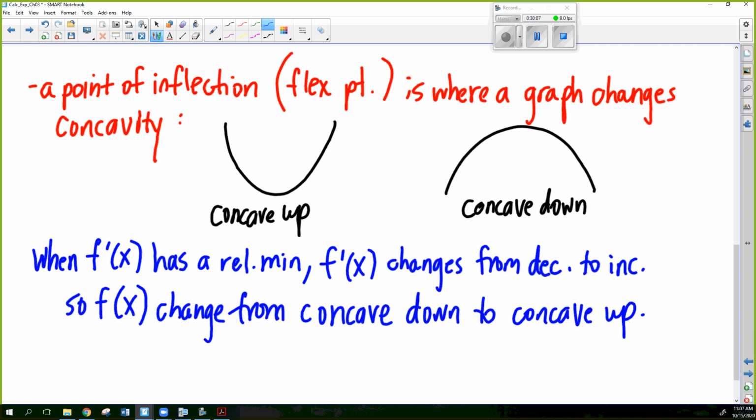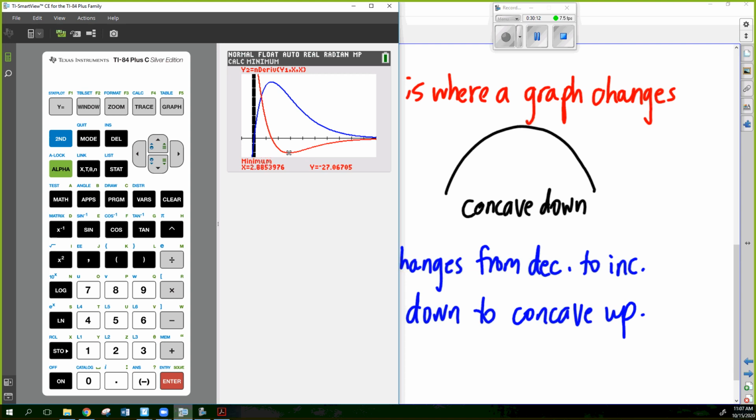We can go back and look at our graph real quick to make sure. If I pull my graph back up, my blinker is still on my minimum on my derivative. And if I go up to my blue graph, it's concave down before and up after.